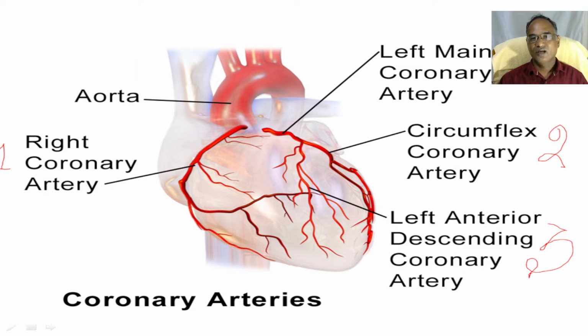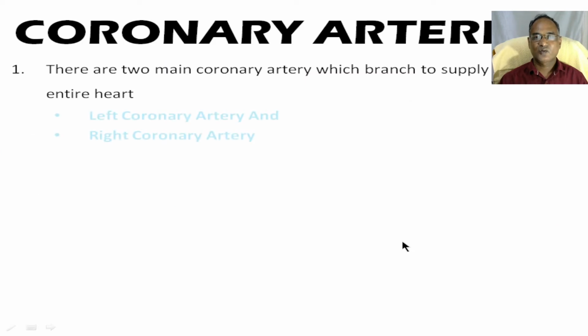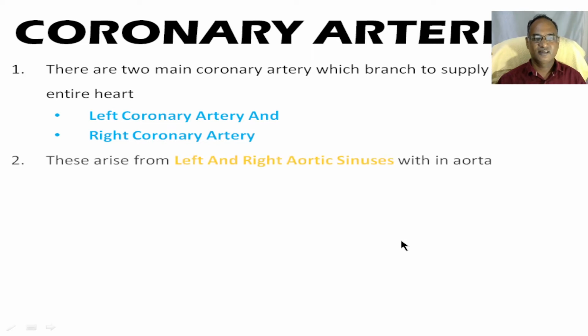Your left side is always dominant over your right side, because it handles the maximum pressure, maximum contraction, and maximum relaxation. The coronary arteries are two, left and right, and they arise near the aortic wall, starting at the aortic sinus, left and right.